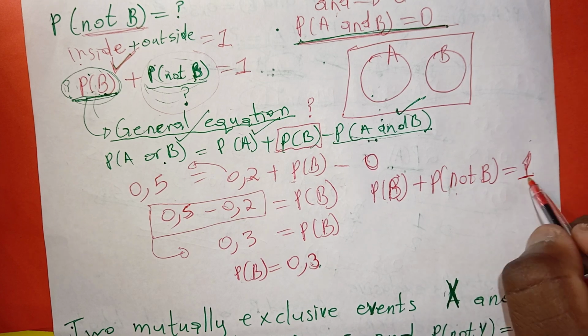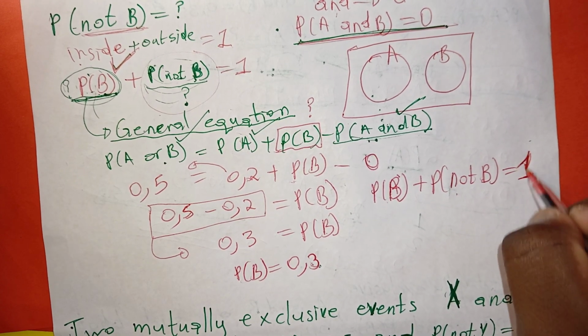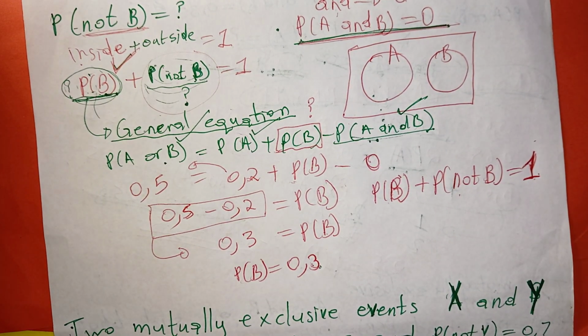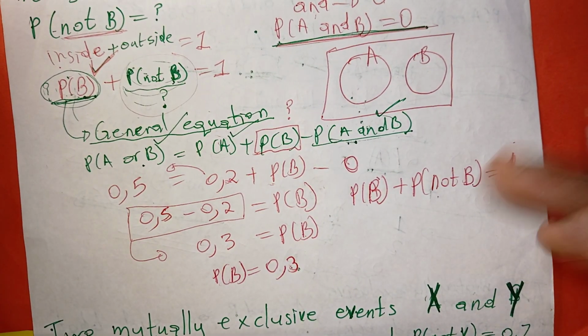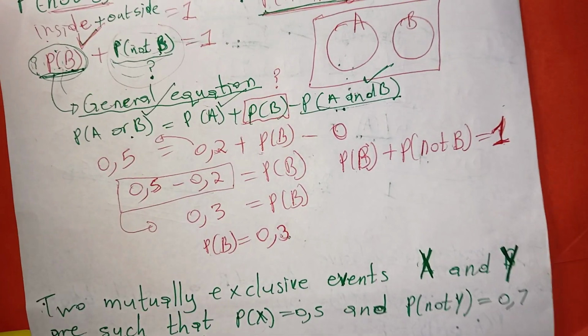Inside plus outside, it's 1. Do you see? I hope, guys, you can see my 1s, because I'm trying to be fancy. I just want to be like I'm a computer.